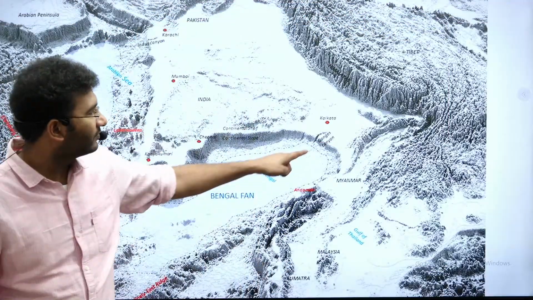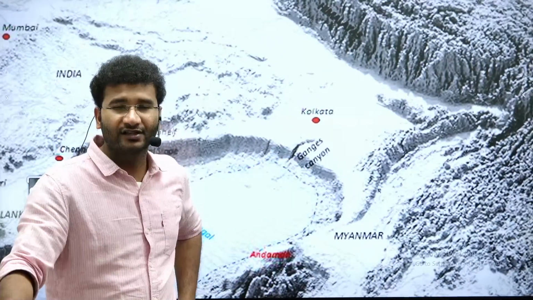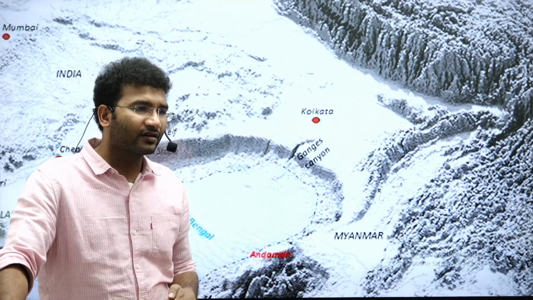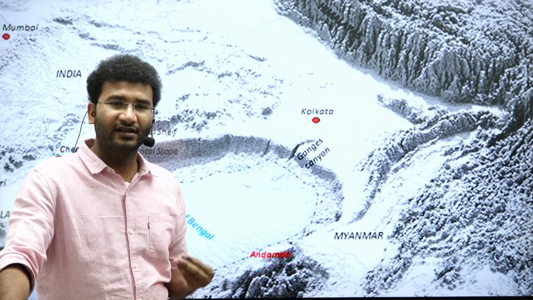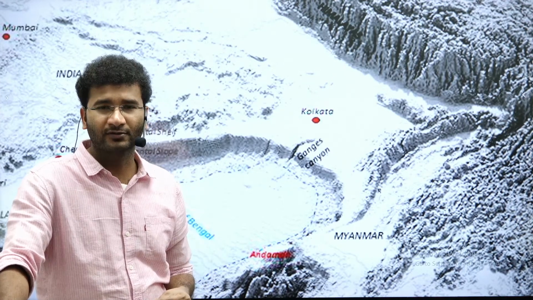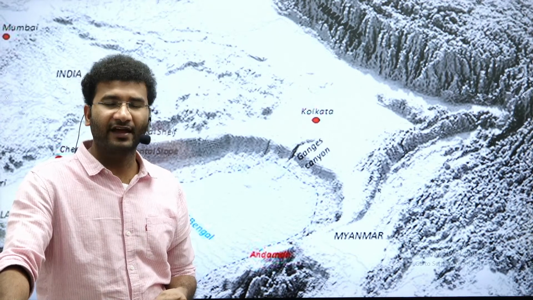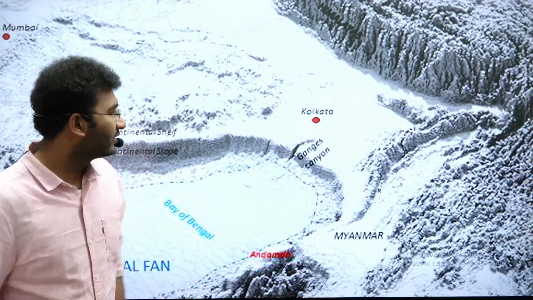You see here, there's a breakage of the continental shelf. It's not breakage, it is actually because of the Ganga river, flowing with great speed, it cuts the continental shelf and enters into the continental slope also. That is nothing but canyons. They are called deep sea canyons. The deep sea canyons can be present in the continental slope as well as the continental shelf.